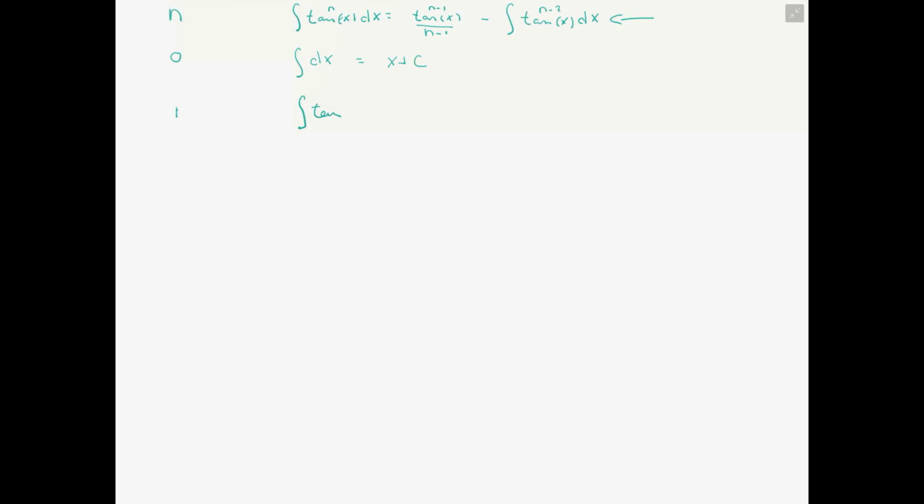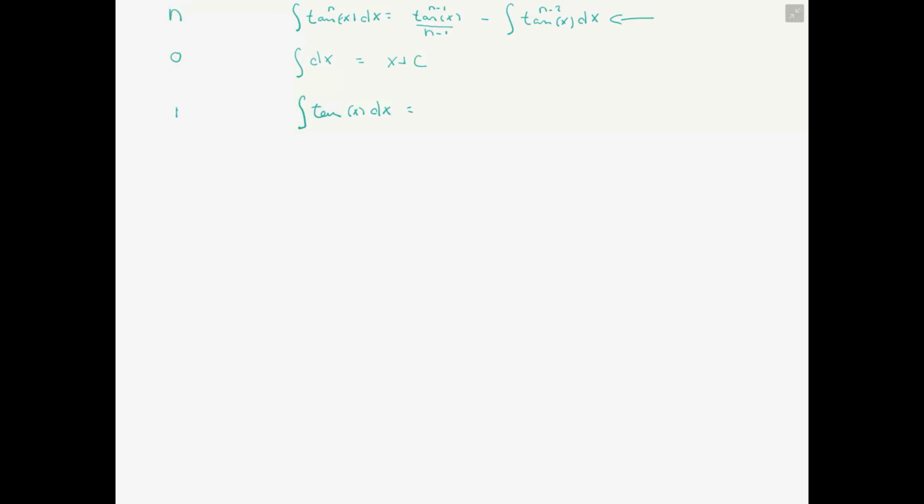And so when tangent of n and n is 0, we just have dx. And anything to the 0th power is 1, so we have dx, and the integral then is x plus c.